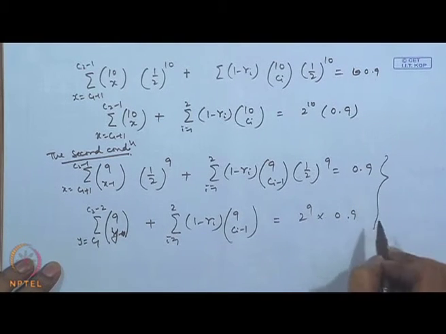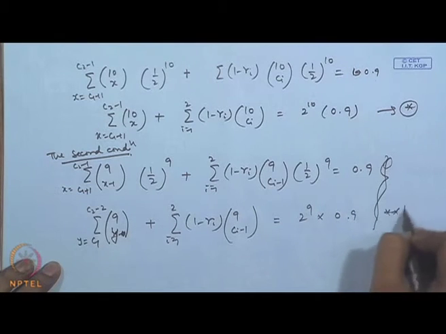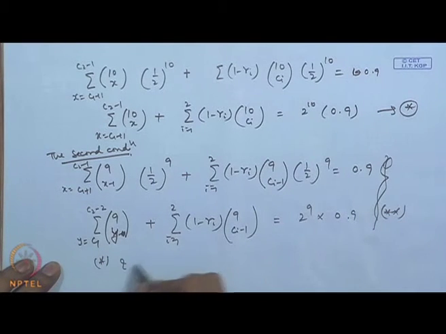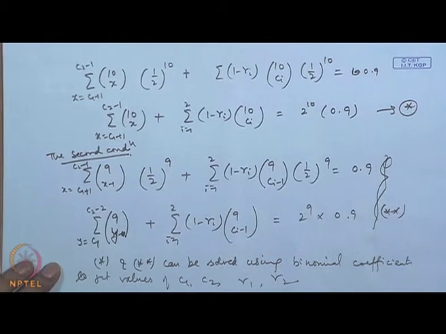So, these two conditions, condition star and double star, can be solved using binomial coefficients to get values of C1, C2, gamma 1 and gamma 2.